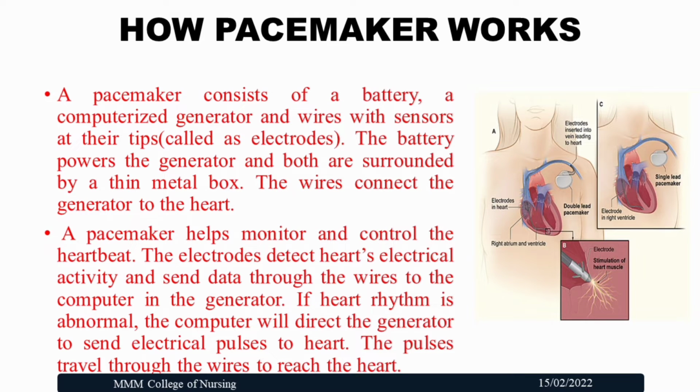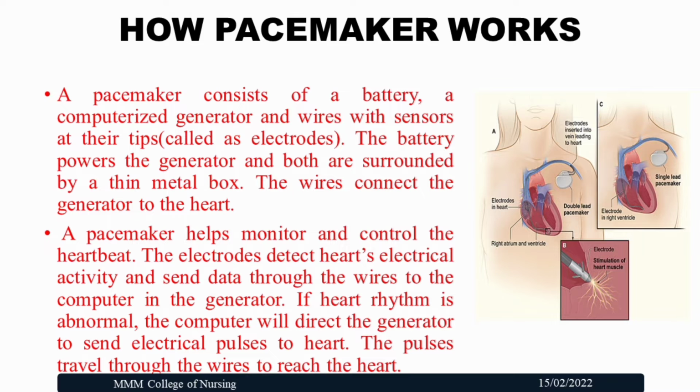How does a pacemaker work? A pacemaker consists of a battery, a computerized generator, and wires with sensors at their tips, called electrodes. The battery powers the generator, and both are surrounded by a thin metal box. The wires connect the generator to the heart. So finally, the pacemaker helps monitor and control the heartbeat.